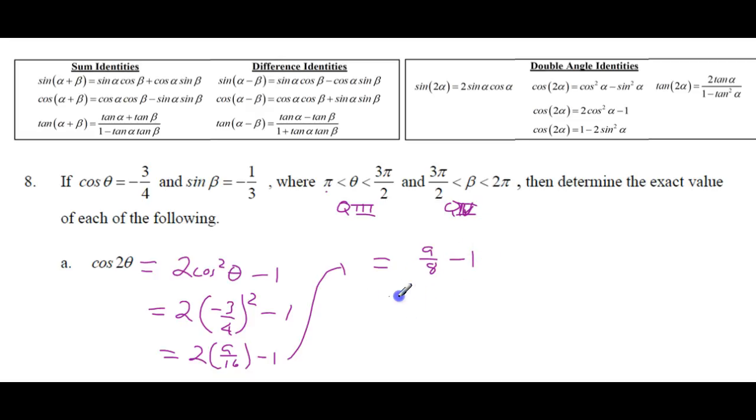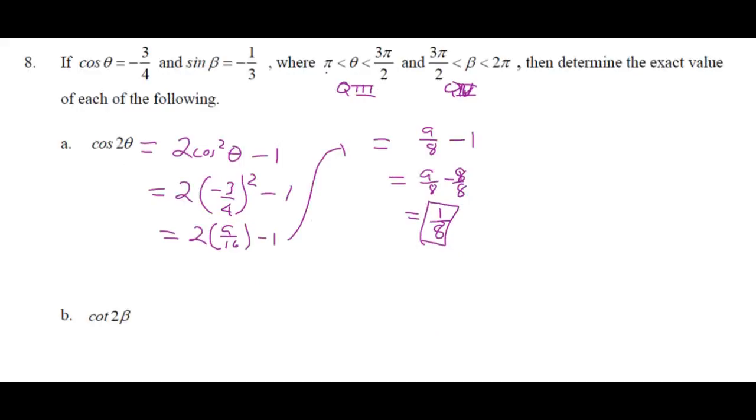And 1 is 8/8. So 9/8 minus 8/8 is 1/8. Okay, I can't check that easily on my calculator, because I could do an inverse cos and get an angle and then mess stuff up horribly, so I'm not going to do that.